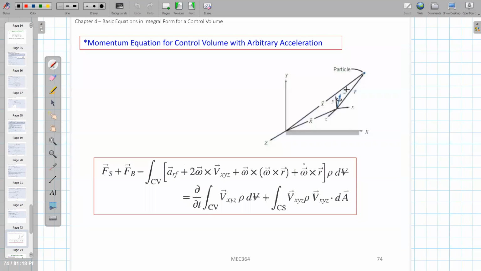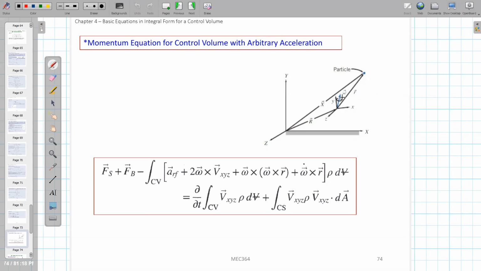Before I finish, I also want to let you know there are other things. Let me give you another example, although this is out of the context of this class. What if you have a reference framework, this small xyz, moving with arbitrary acceleration, and it also has its own rotation?